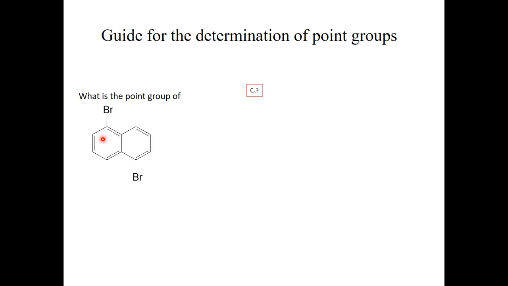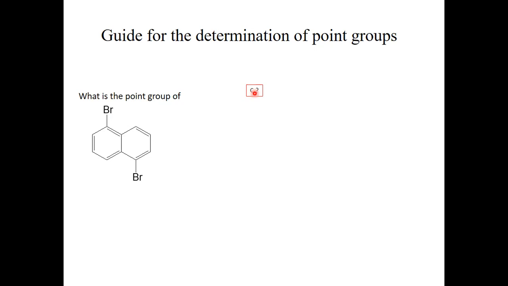So for instance, this carbon atom here would be moved into the position of this carbon atom, and this carbon atom here would be moved into the position of this carbon atom over there. We could make similar exercises with all the other carbon atoms and would see that they all superimpose. So we do have a proper rotational axis here, and in this case, the order of this axis would be 2.